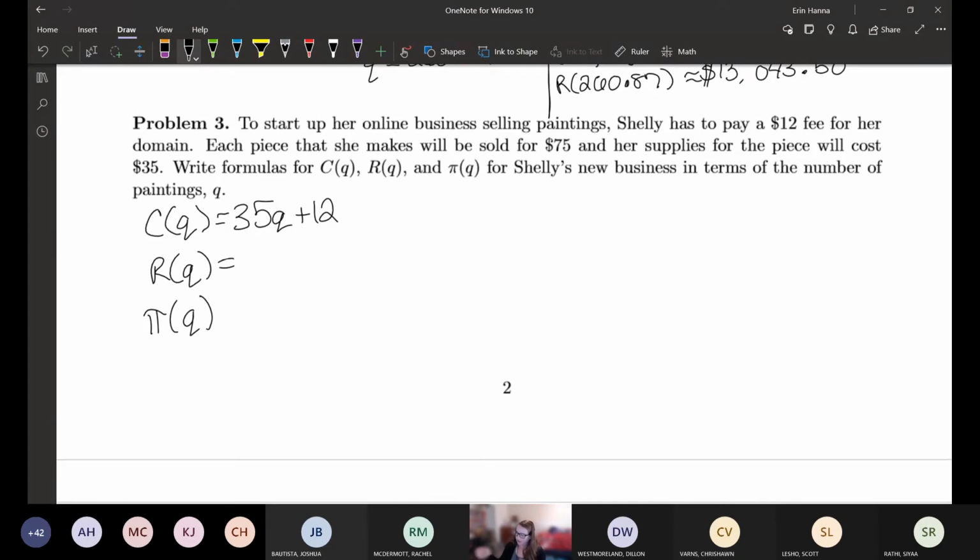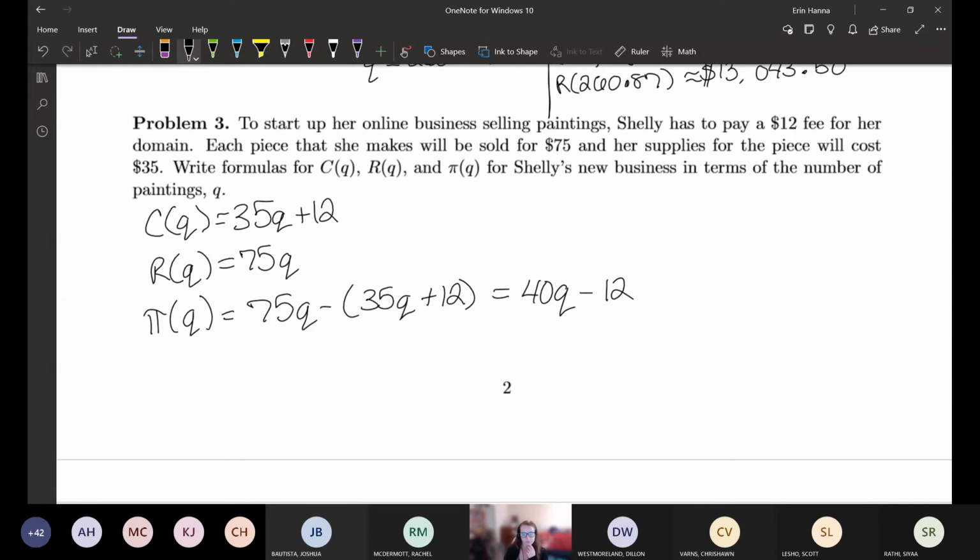Revenue would be how much she's selling it for, which is 75, so 75Q. And then profit is our revenue minus our cost. Always put your cost in parentheses. So 75Q minus (35Q plus 12), which is 75 minus 35, 40, and minus 12. Questions, concerns on that?